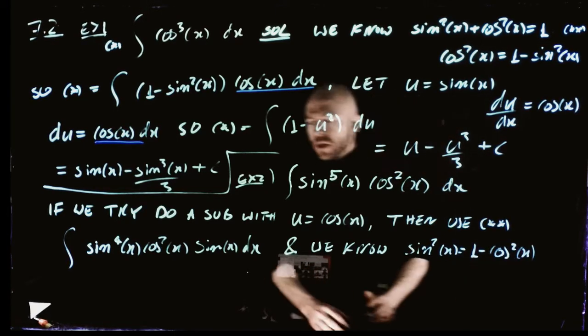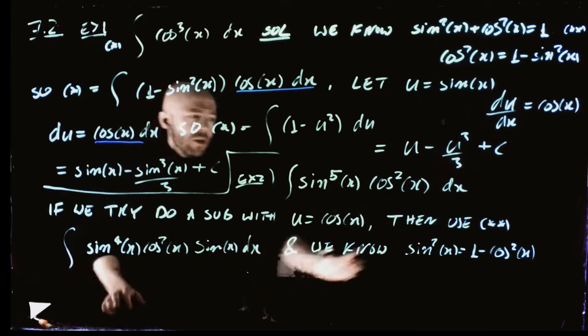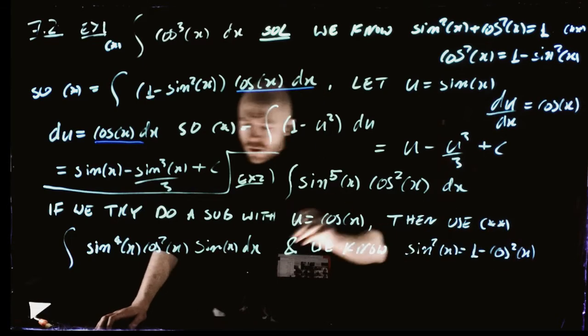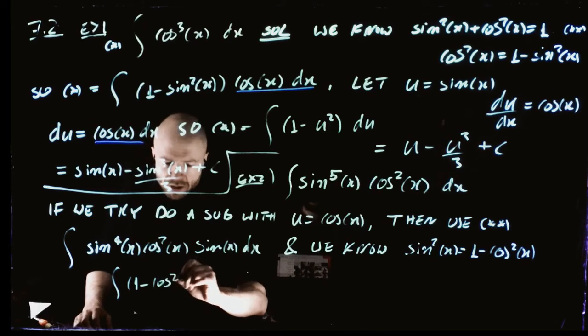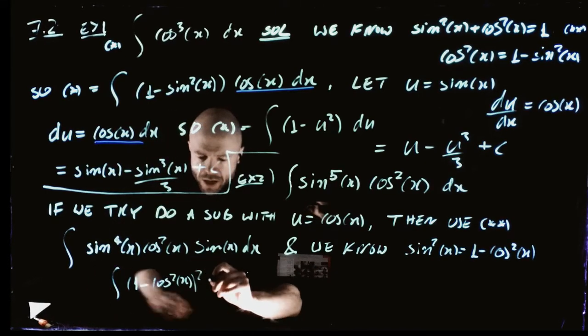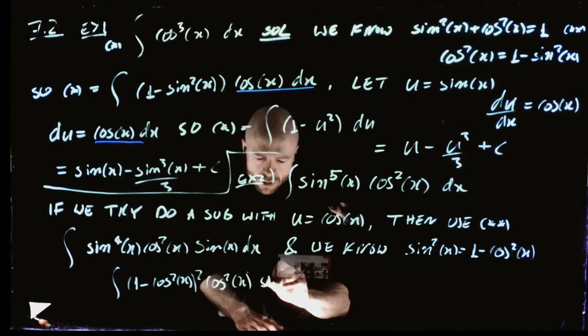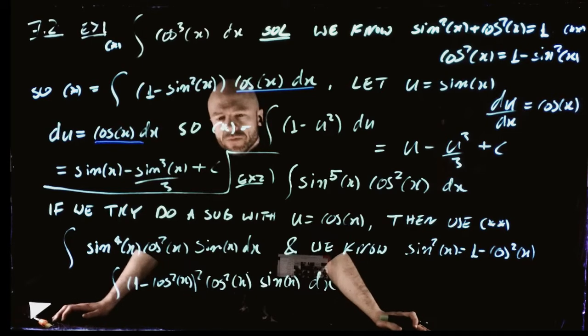That's already been suggested to us, right? Then we can use that to replace sine to the power 4 with 1 minus cosine squared, all squared. If we do that, we have 1 minus cosine squared, squared, cosine squared of x, sine of x dx.